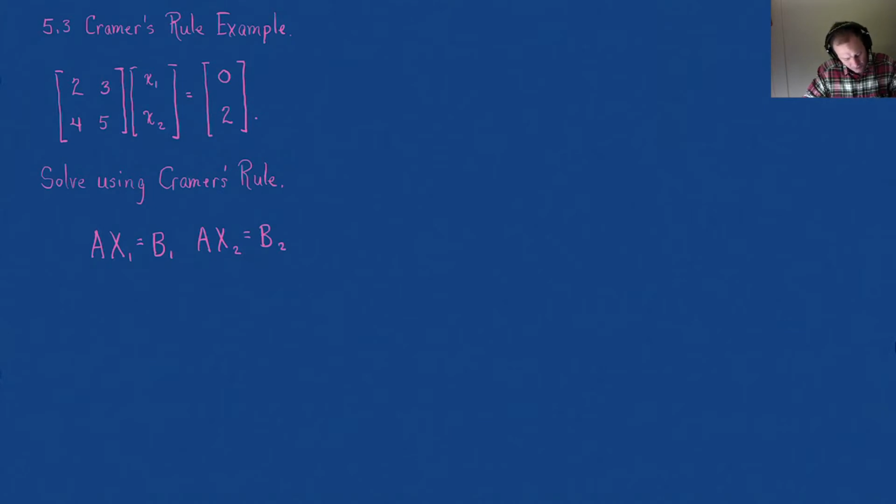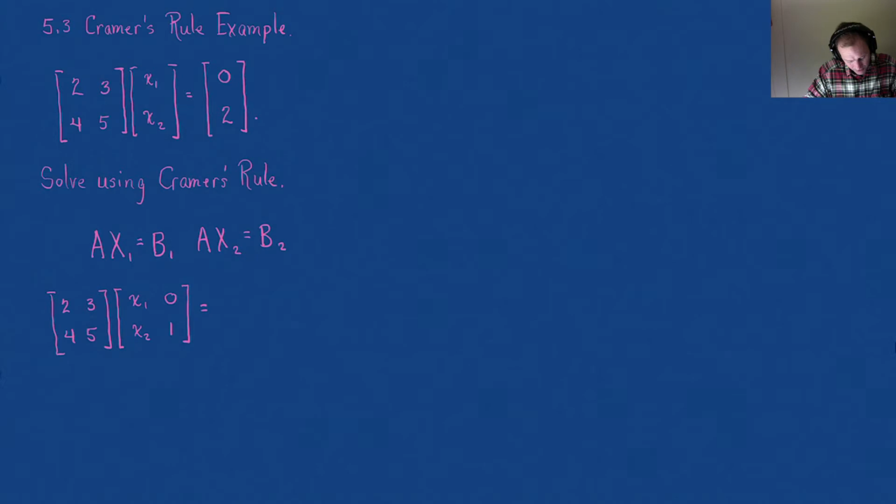The first one would say the matrix A is 2, 3, 4, 5. The matrix X1 says you put the vector x in the first column, so x1, x2, and then you put the identity column in the second column. So in the second column, you put the second column of the identity, E2, or specifically 0, 1.